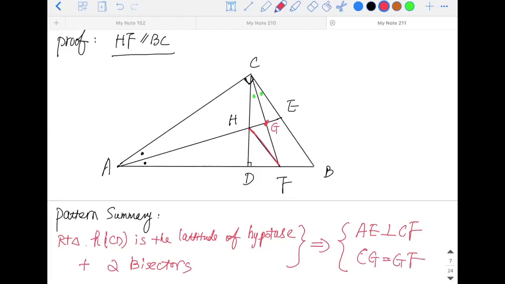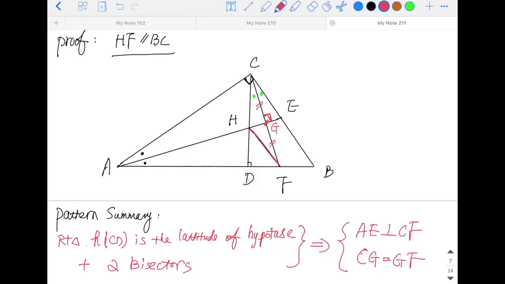This is a common pattern. Please try to remember it. If you see something like this in the future, automatically you should have this. You have a height on the hypotenuse, you have two bisectors, right? Automatically you have this: AE is perpendicular to CF, and also CG and GF are the same in measurement. Okay?